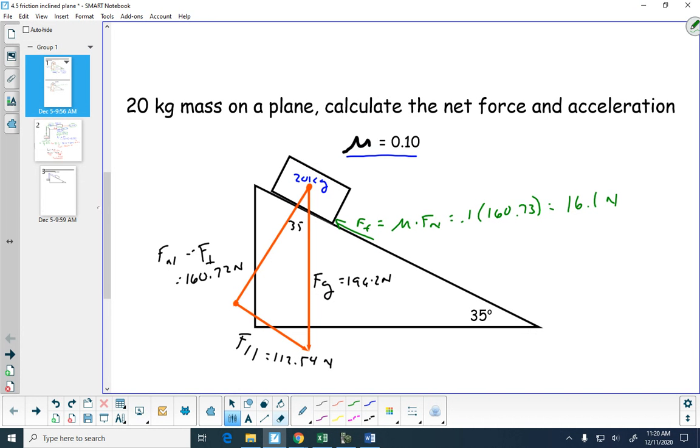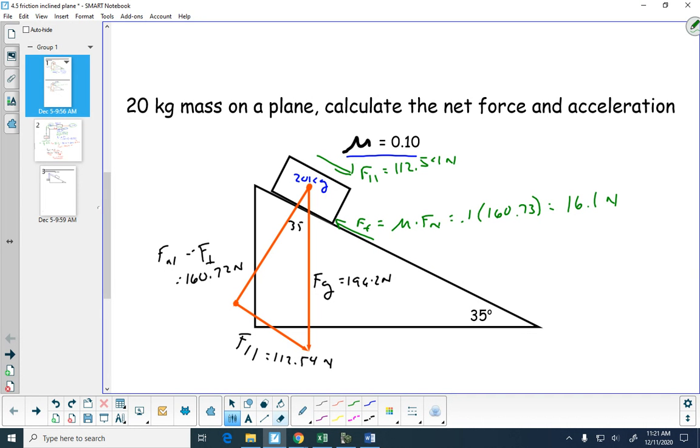Once again, friction is the resistance to motion. It goes opposite the direction of motion. So what we have here is a force parallel that is sliding this down the plane, which is 112.54 newtons. That's sliding it down the plane.